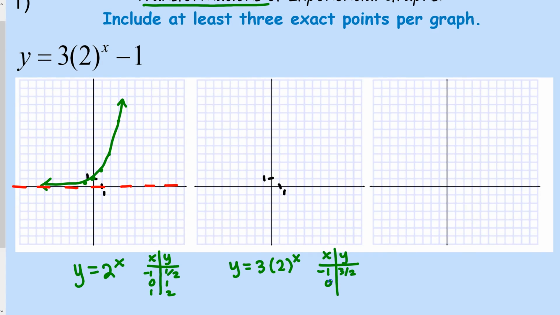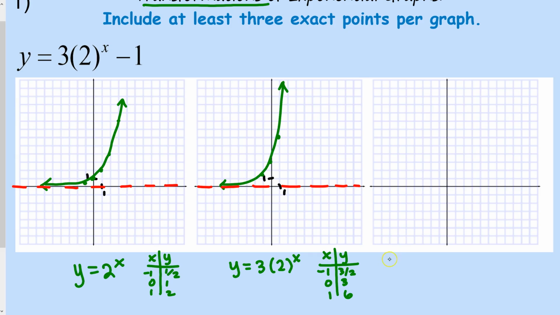The point that had a y-coordinate of 1 now has a y-coordinate of 3, and the point that had a y-coordinate of 2 now has a y-coordinate of 6. The graph is still going to get infinitely close to the line y equals 0, so that's still the asymptote.